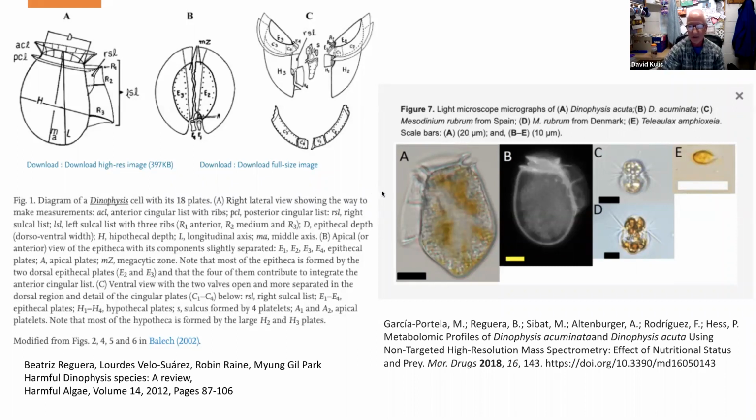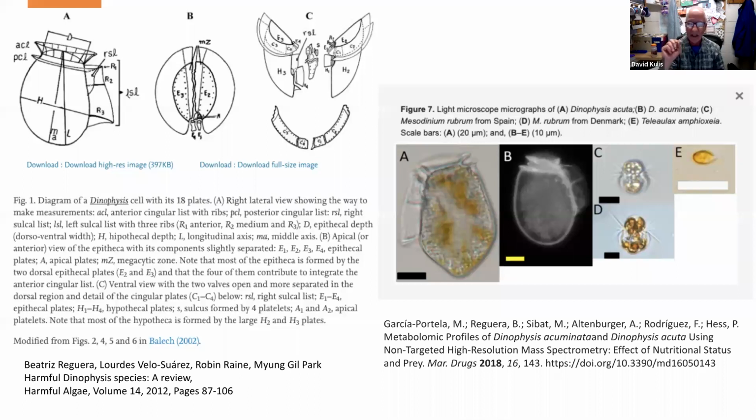Dinophysis is really interesting in that it's mixotrophic. The two species that you were introduced to before, Alexandrium and Pseudo-nitzschia, are phototrophic. They photosynthesize to produce their food. Whereas Dinophysis actually eats other organisms and also photosynthesizes.